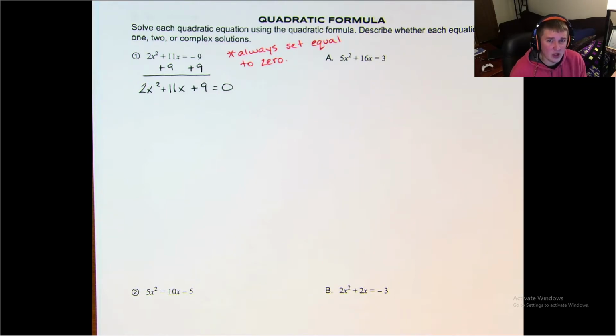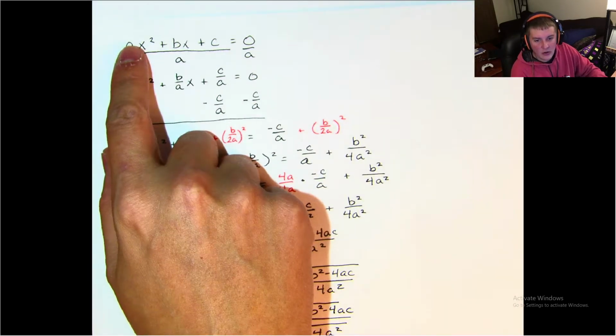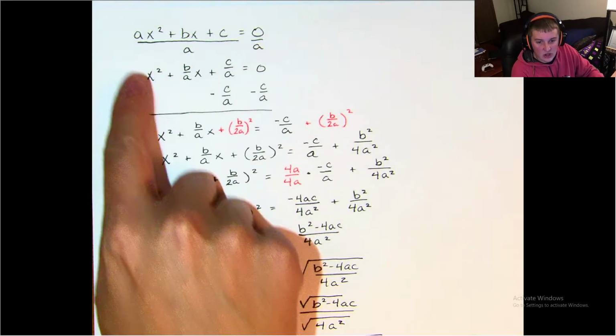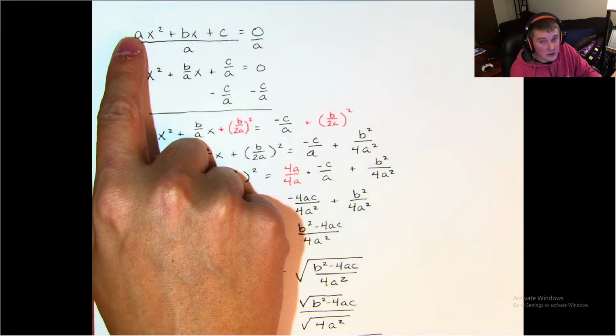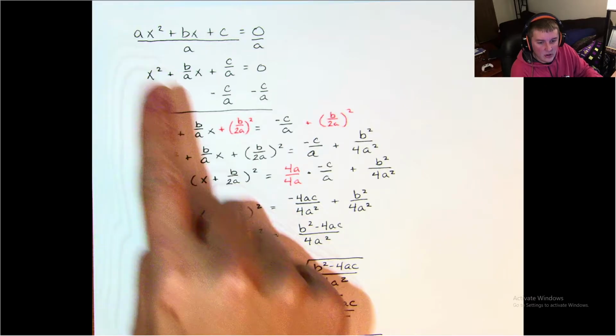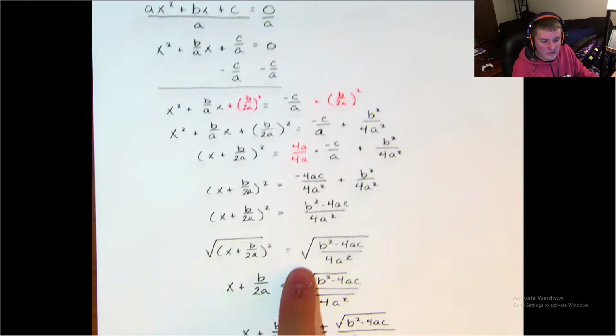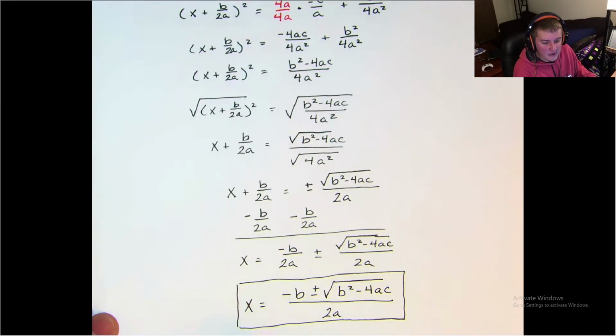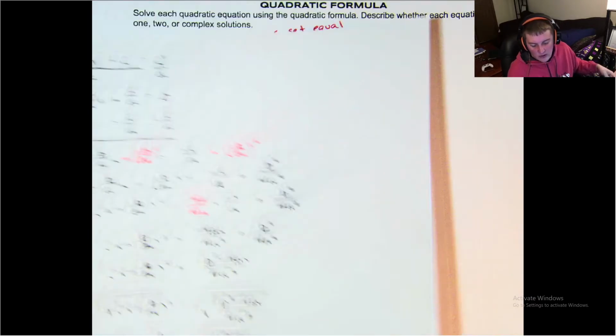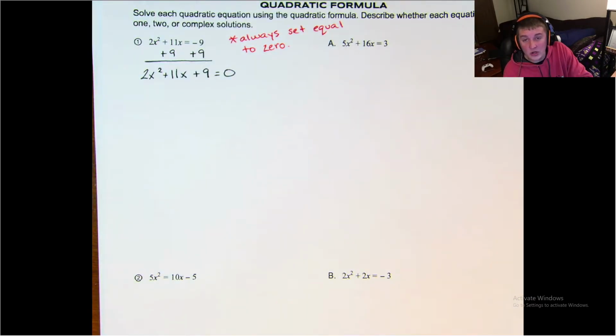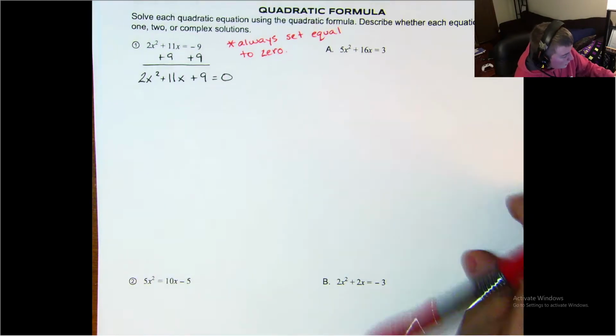When you're using the quadratic formula, as you can see from our proof that we started the class with, it is going to work regardless of what your a value is. We started with a generic a value, meaning it could be 1, it could be any number except for 0. We can plug all of this in and still get a solution. So in this one, there's no need to get the a value to 1. You can just identify your a, b, and c values as is and go.